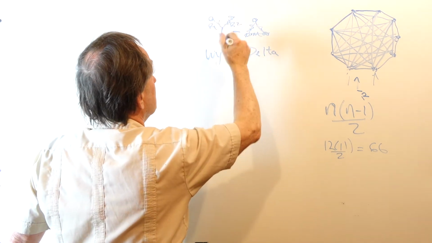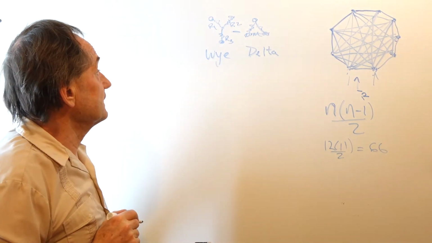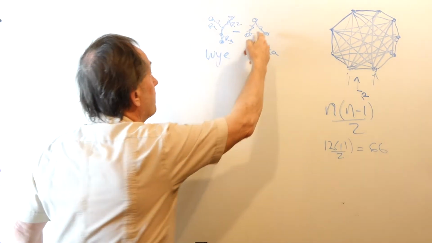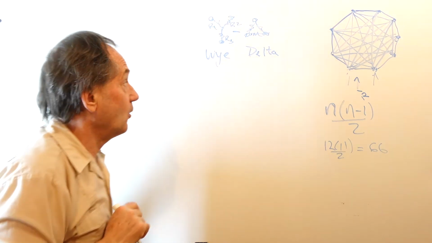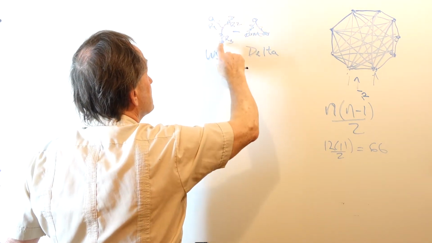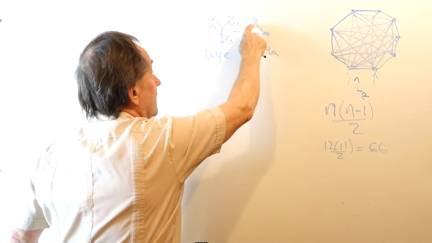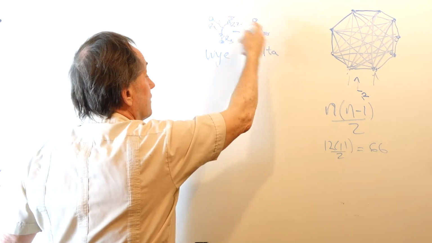And what happens in this case is you lose a center node when you go from Y to delta. And when you go from delta to Y, you gain a node. But there is a direct conversion. There's a relationship between the resistors here and the resistors in the delta network, and also going the other way.